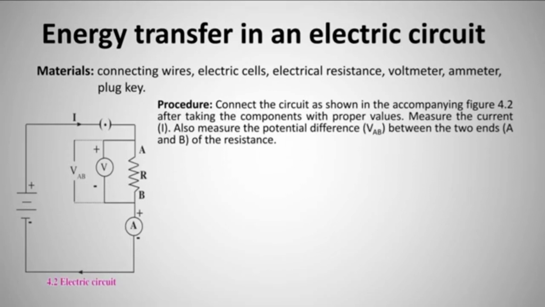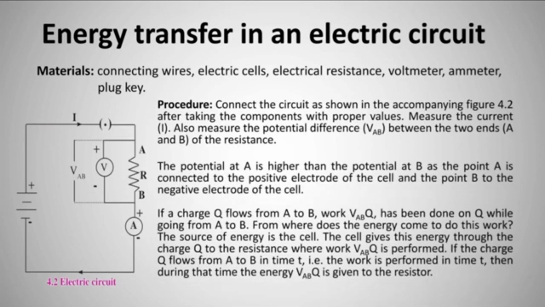Procedure: Connect the circuit as shown in figure 4.2, taking the components with proper values. Measure the current. Also measure the potential difference VAB between the two ends A and B of the resistance.